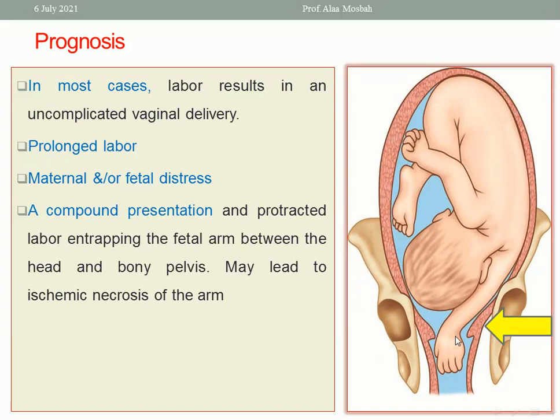Compound presentation may be associated with injury to the fetal limb, because this fetal limb, imagine, is trapped between the head and the pelvic floor, so it is liable to ischemia for a long time. So ischemic necrosis may happen in the arm, and there are reported cases published about ischemic necrosis of the arm and even amputation.